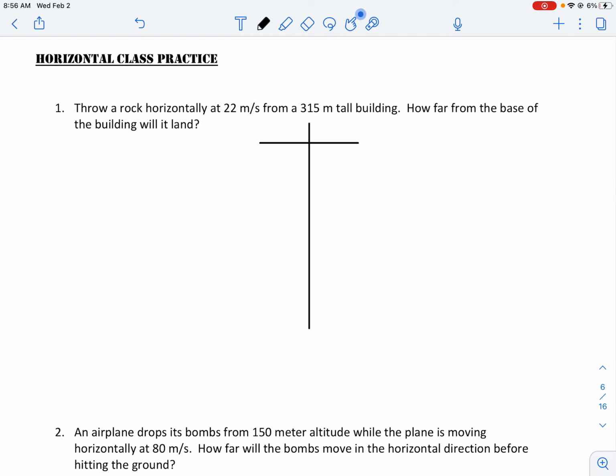For my visual learners, this is going to be very helpful because we are going to basically visually divide our page so that we have one side that is designated for horizontal motion, and then we have one side designated for vertical motion.